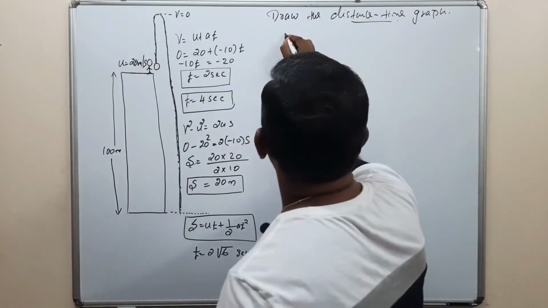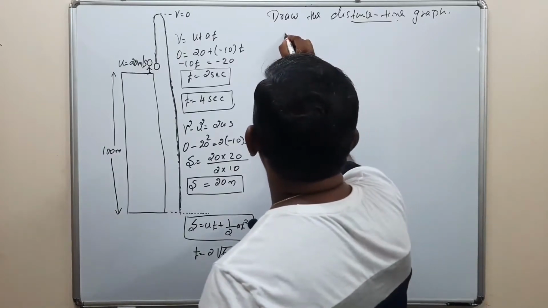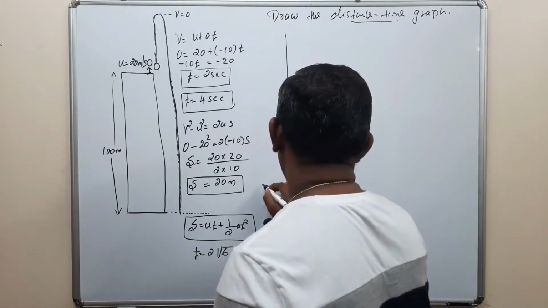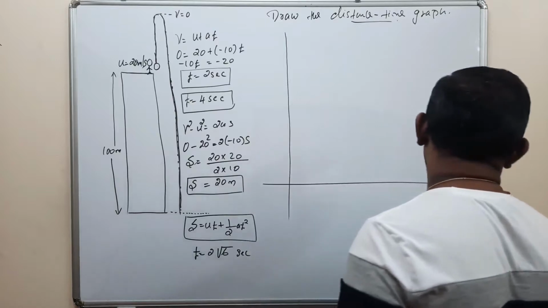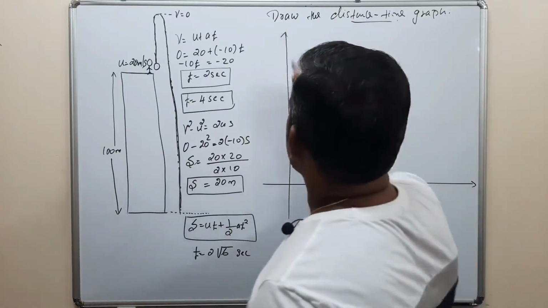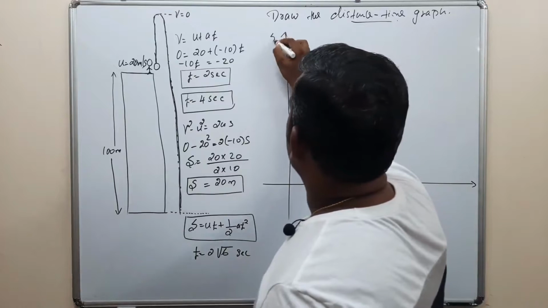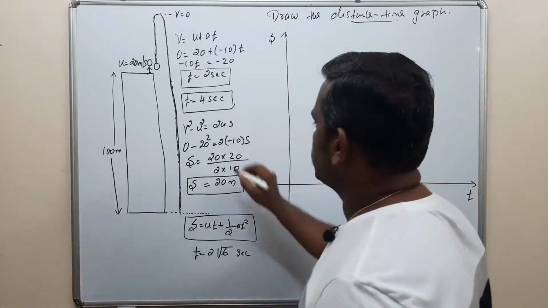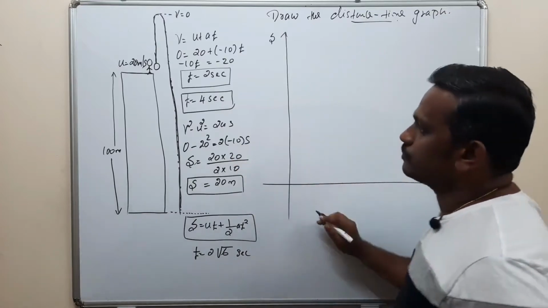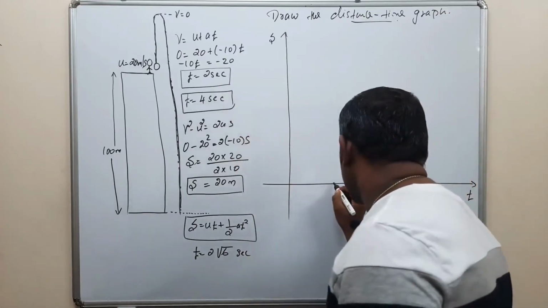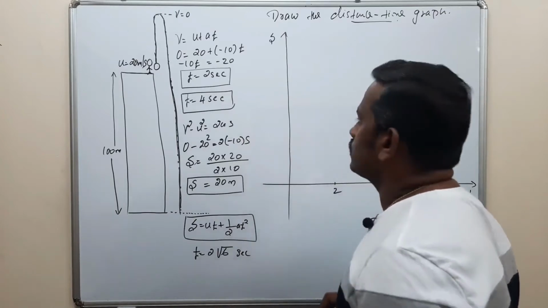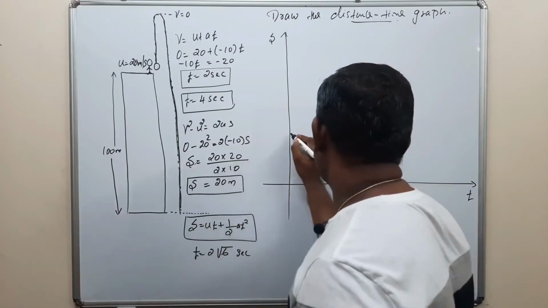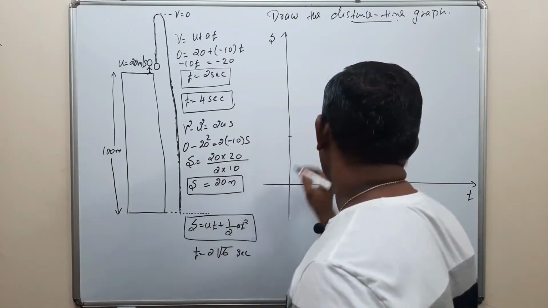So this is the distance time graph. When time t is equal to 0, the distance is 0. When time t is equal to 2 seconds, the distance traveled by the ball is 20 meter.